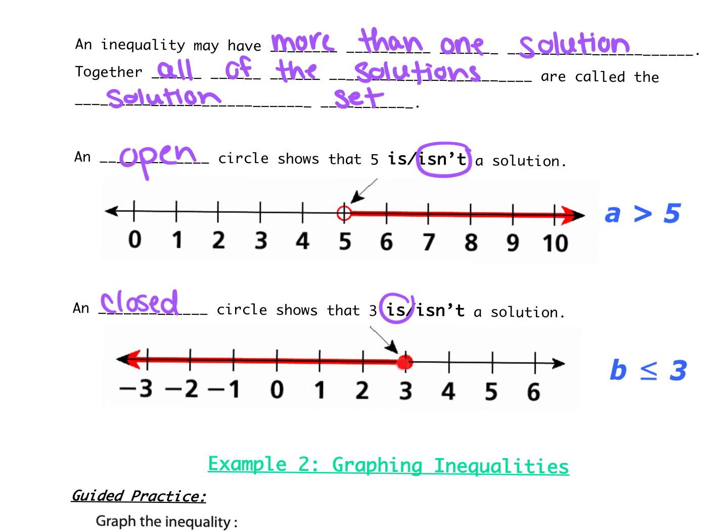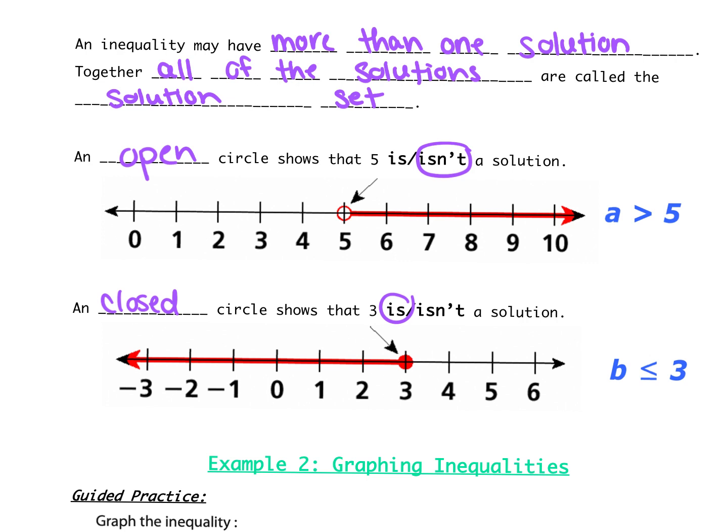So you include 3 within that solution. It also means all of these numbers after are solutions. -1 is less than or equal to 3. -3 is less than or equal to 3. All of these numbers, including past what our number line shows, because really, if you went to -5, which would be over here, that is also less than or equal to 3. So we just stop at a certain point, but this goes on forever.